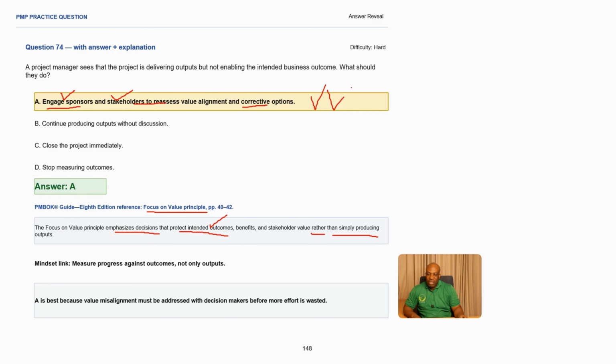We are also doing value alignment for corrective options. So the best mindset that can be applied in this scenario is to measure progress against outcomes and not outputs. So progress must be against project outcomes, not just on outputs, okay? Making A the best answer, because value alignment must be addressed with decision makers before more effort is actually wasted. Making A the best answer.